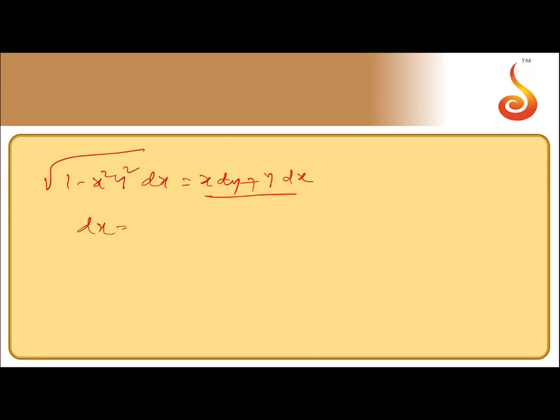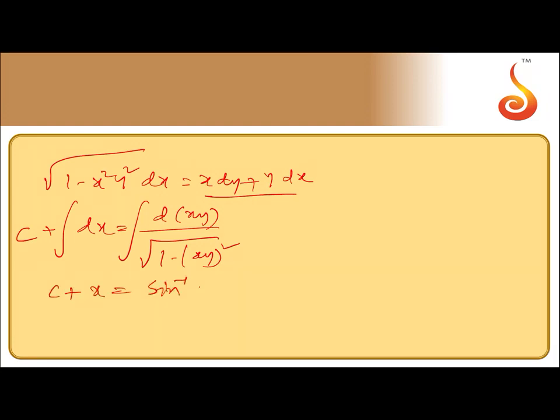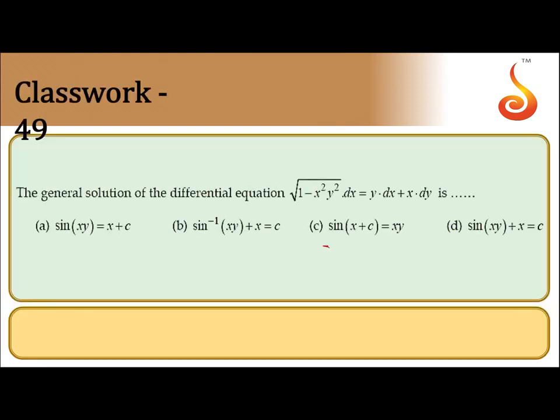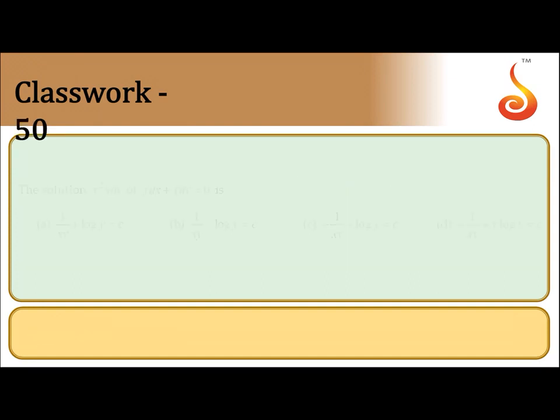I hope this can be written as dx is equal to differential of xy divided by root over 1 minus xy whole square. Variables have been separated, so integrate and add a constant. So x plus c is equal to sine inverse of xy, or sine of x plus c is equal to xy. So the answer is sine of x plus c is equal to xy.